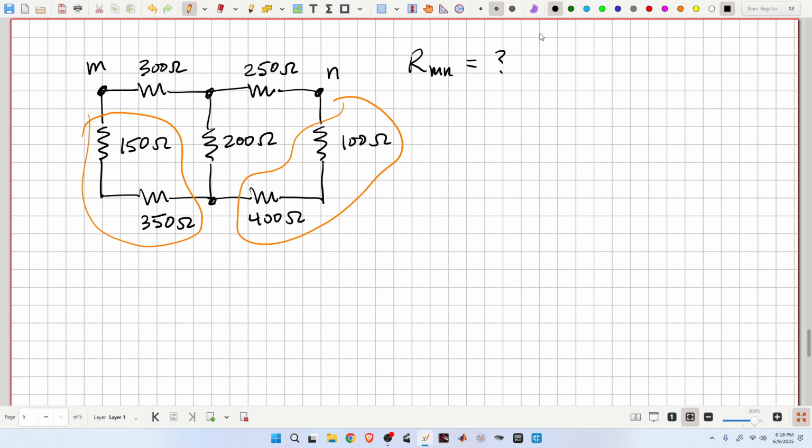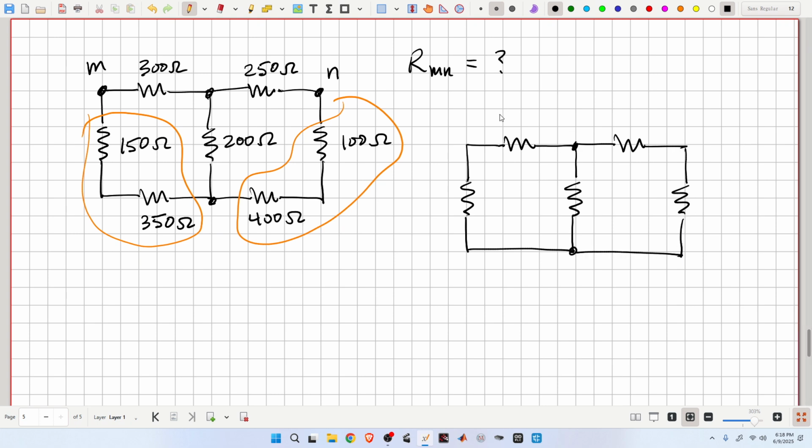So with that reduction, then we're going to get the following circuit. 300 ohms, 250 ohms, 200 ohms. Let's see, 100 plus 400 is 500 ohms here. And 350 plus 150 is also 500 ohms there. Okay, and again, here's M and N.